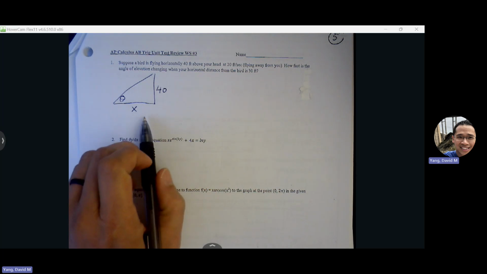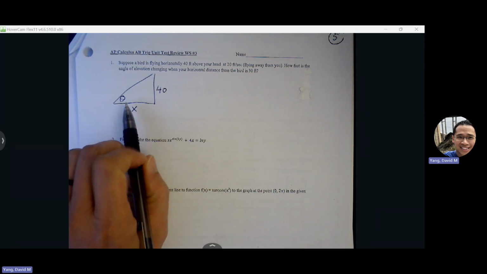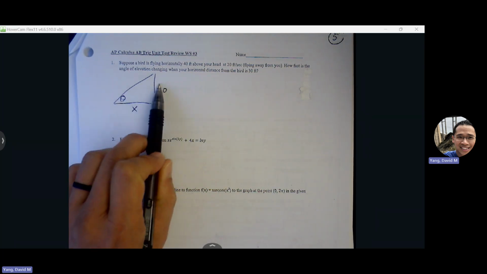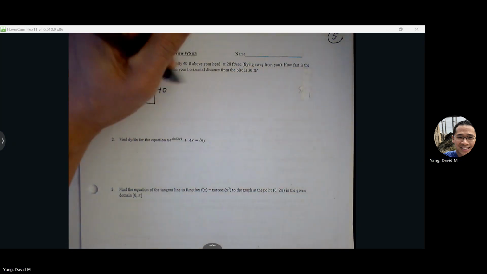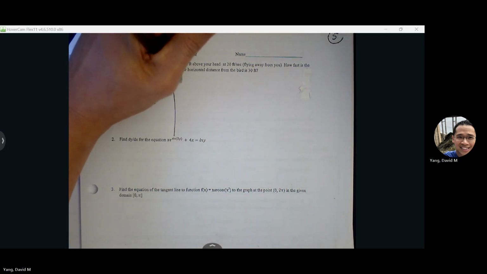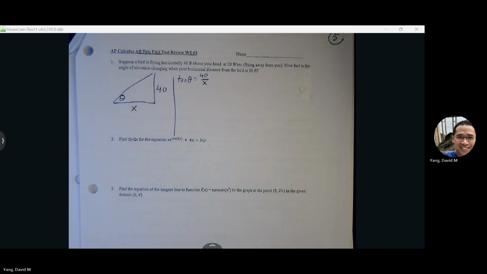All right, so we start off with tangents, right? Tangent allows us to target that theta along with 40 and the x. The nice thing about that right side is there's a constant, which means we can avoid quotient rule.